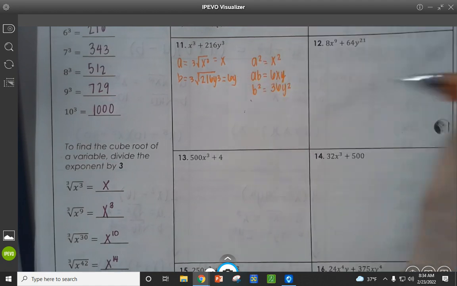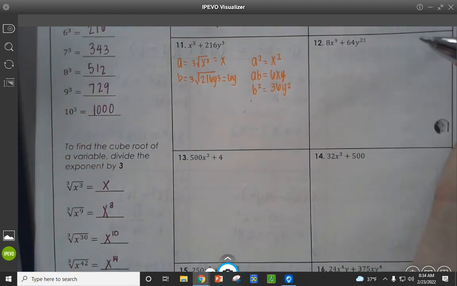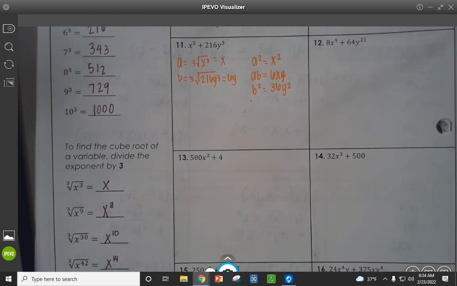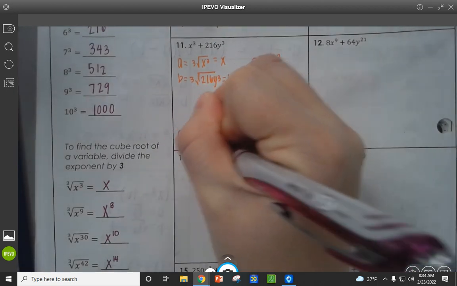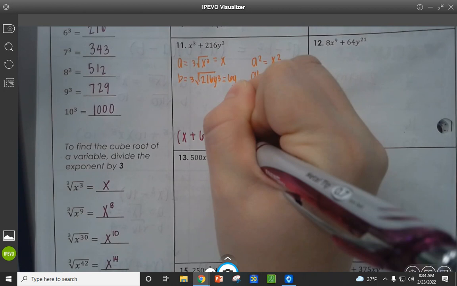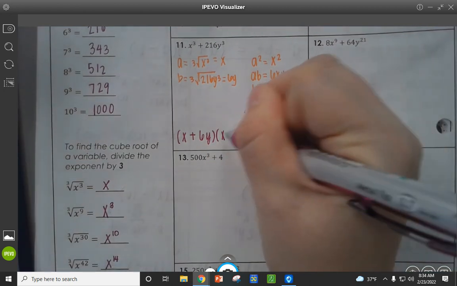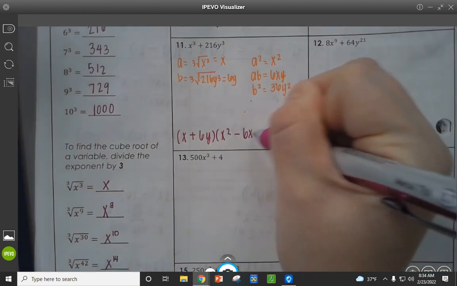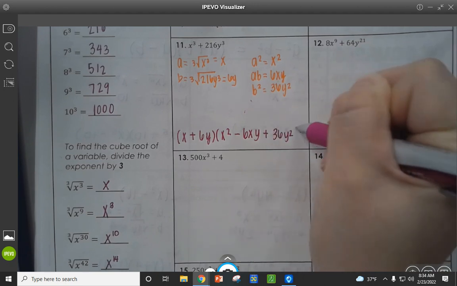You have to square both of them. 6 squared is 36, and then y squared. And then that goes in: x plus 6y, x squared minus 6xy plus 36y squared.